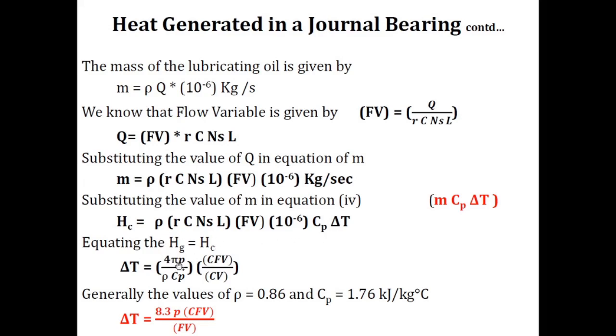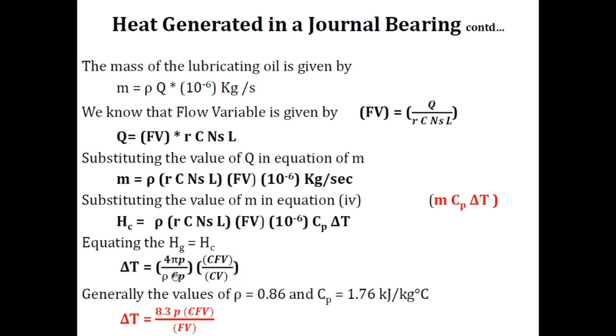And we can say that your heat generated should be equal to the heat carried away. Equating these two equations, Hg equal to Hc, we get delta T, that is the temperature rise, equal to 4 pi P upon rho Cp into Cft upon Cv.